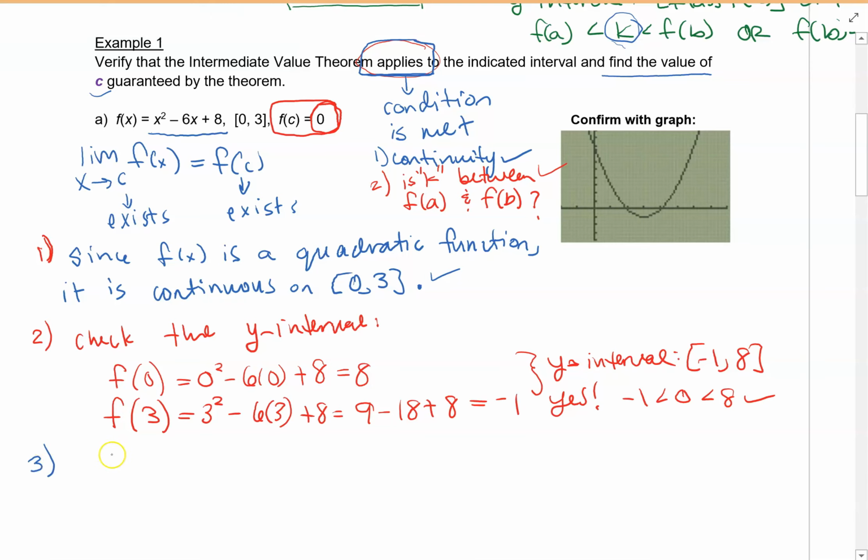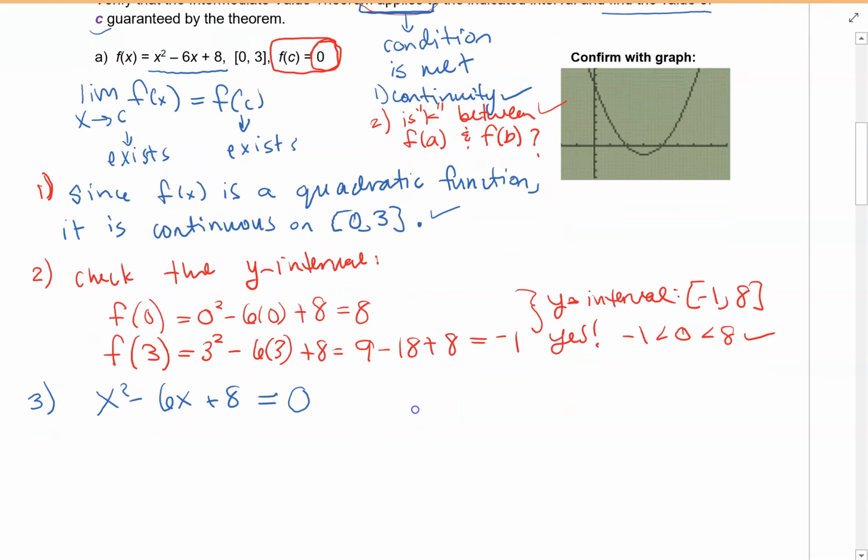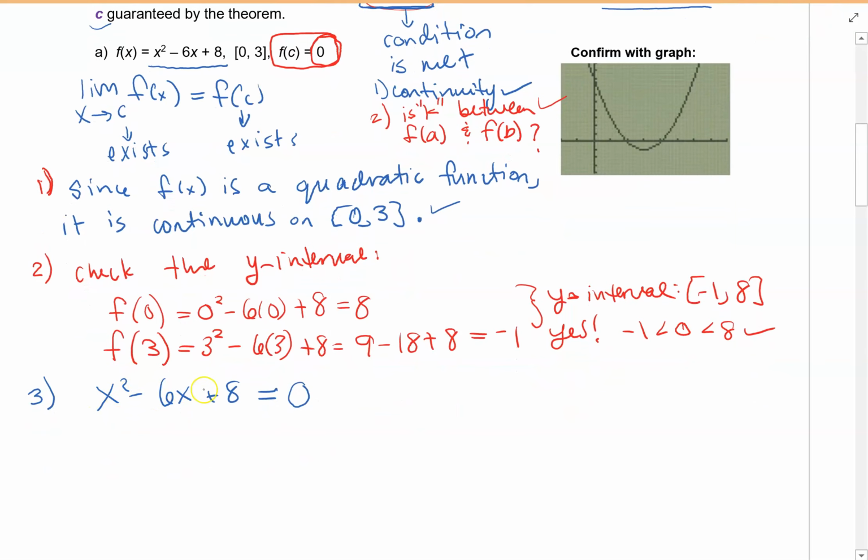The way you find it is by taking the y equation and setting it equal to the given y value, which in this case was 0. So now we're just basically solving a quadratic equation, and we can solve this one by factoring.